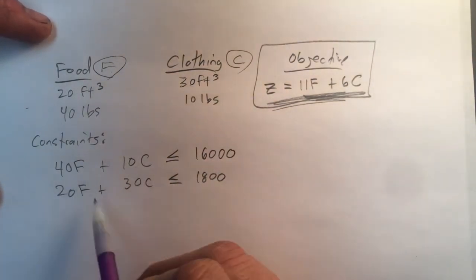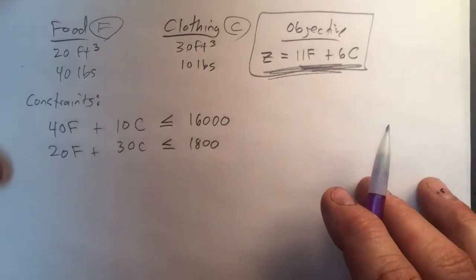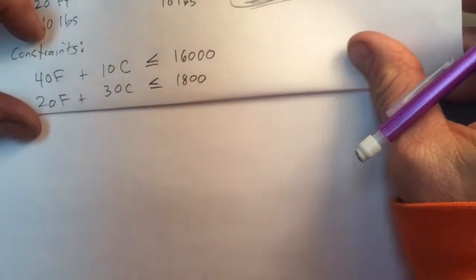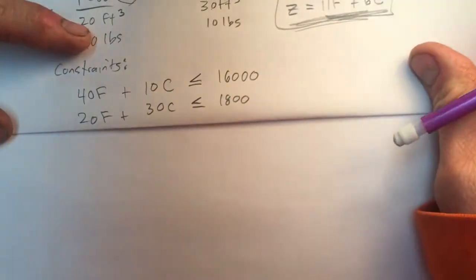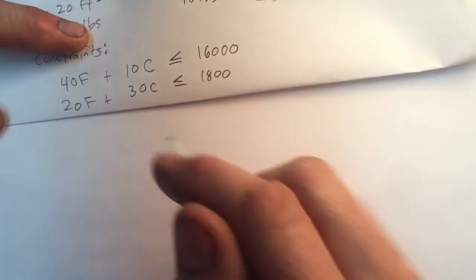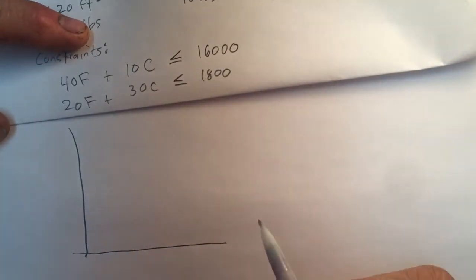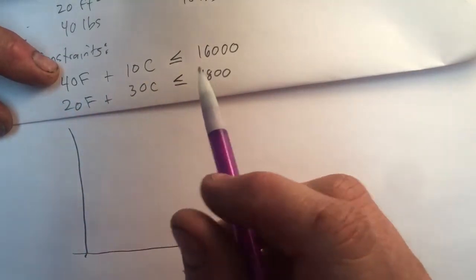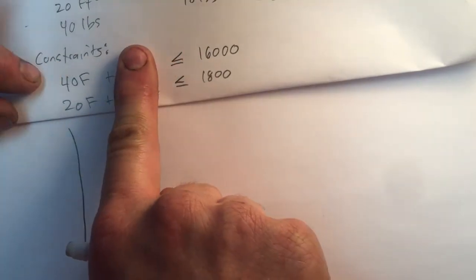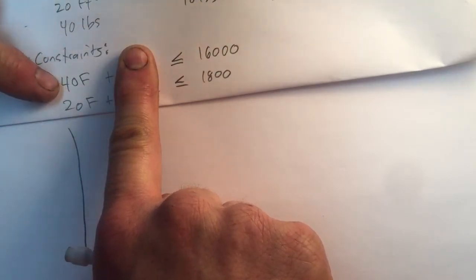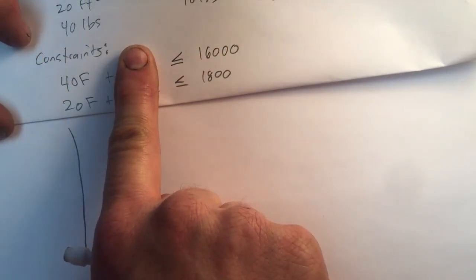So I need to graph these constraints. Here's my graph. This graph doesn't have to be perfect. If C was 0, then 16,000 divided by 40 would be 400.